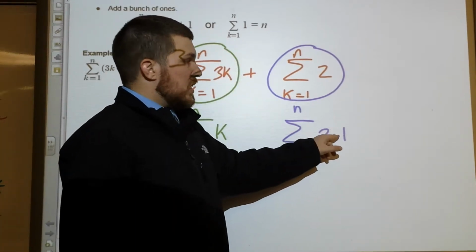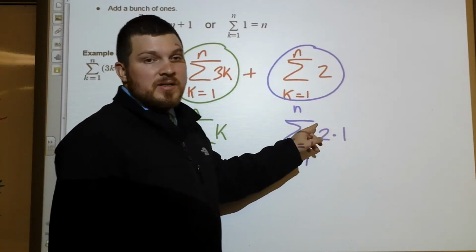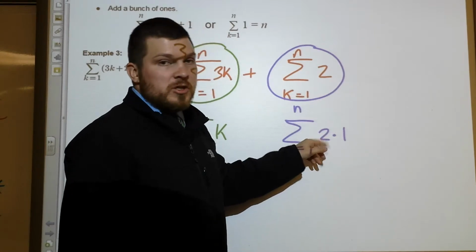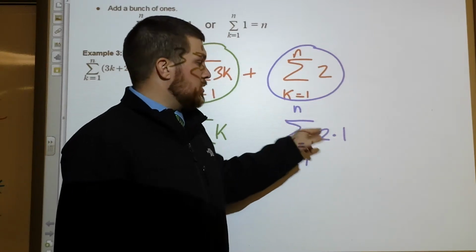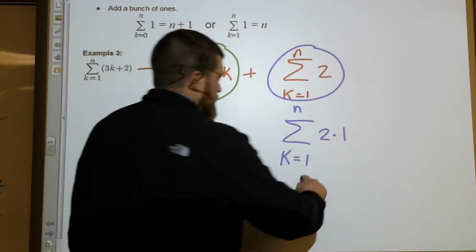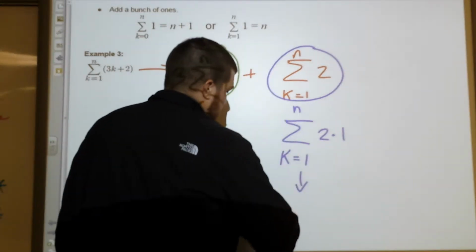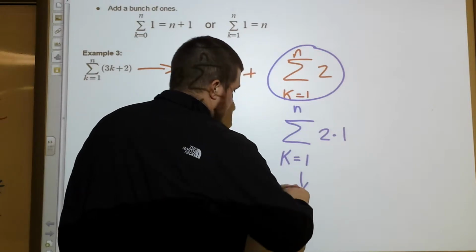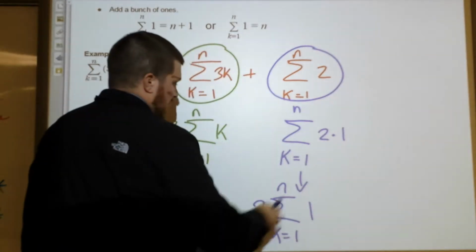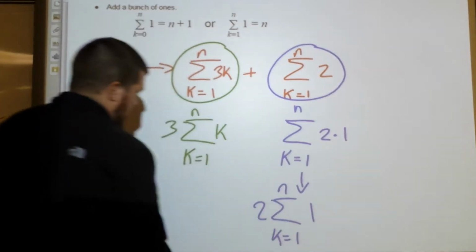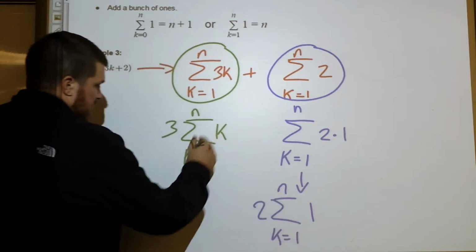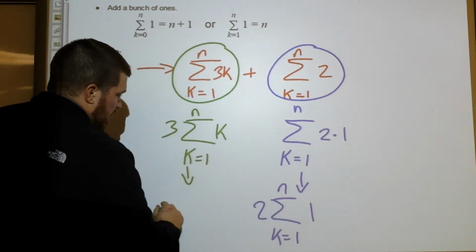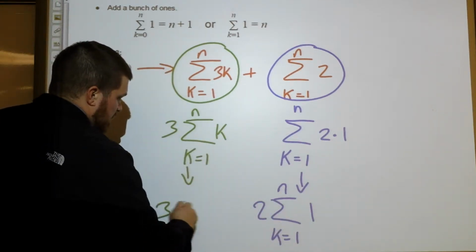Now, since I have a rule for 1's, I can pretend that this 2 is a coefficient. And remember from our previous identities, coefficients get to come out. So this piece can be rewritten again as 2 sigma k equals 1 to n of 1. That piece is written as much as it can be. This piece I didn't do anything else, so it's just going to fall down as it is.